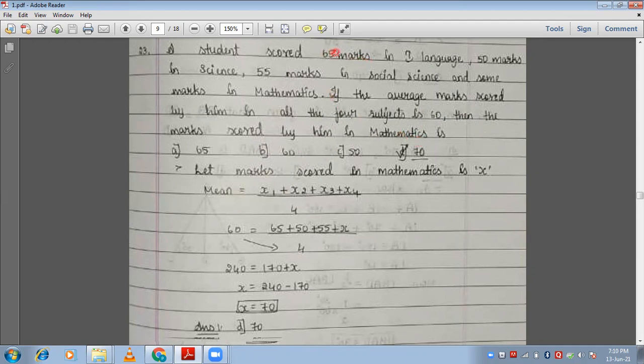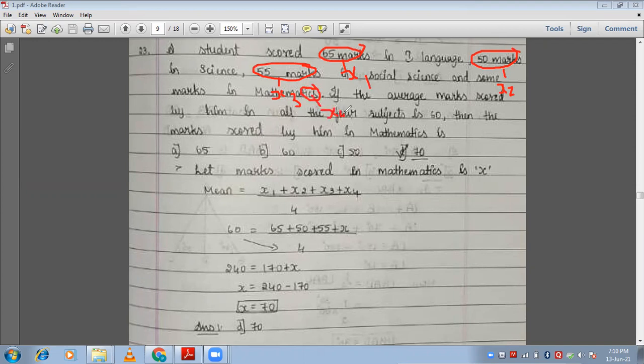Here, first language is x1, second is x2. So 65 marks is x1, 50 marks is x2, 55 marks is x3, and mathematics is x4.